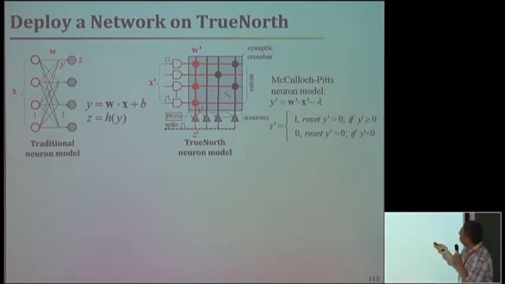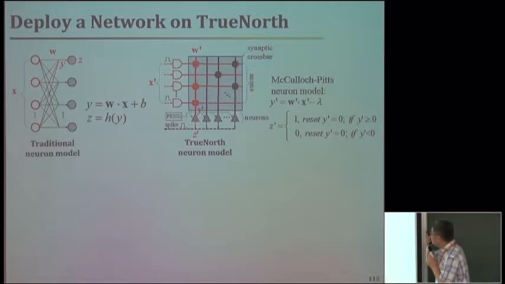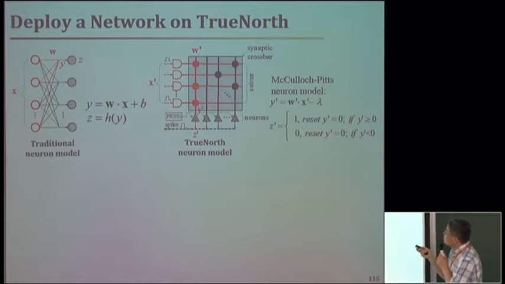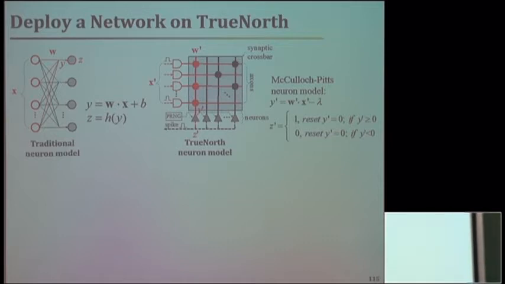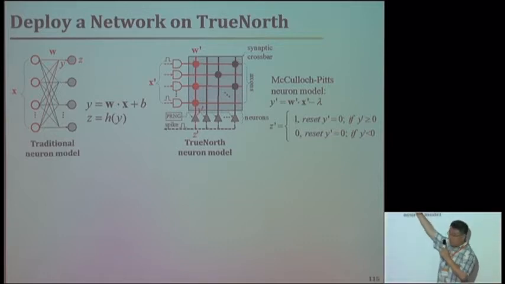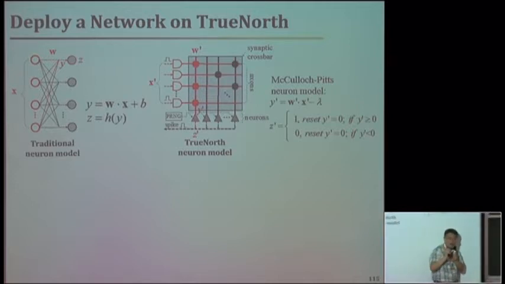In the TrueNorth, let me show you here. We use CMOS to implement these output neurons. This output neuron is highly customized.